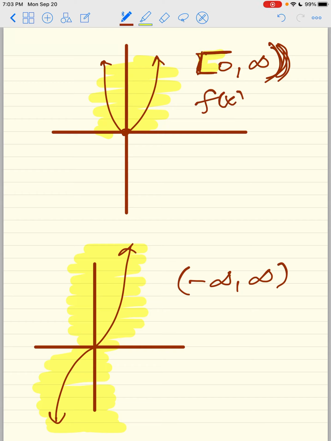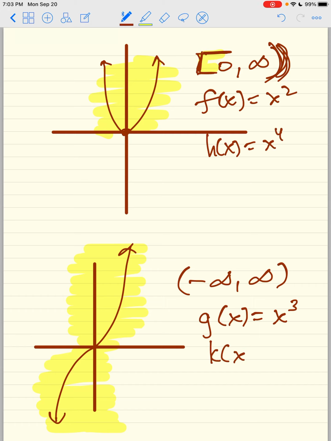So this is f of x equals x squared, and this is g of x equals x to the third. Similarly, guys, so does x to the fourth and x to the fifth. They both have the same range, okay?